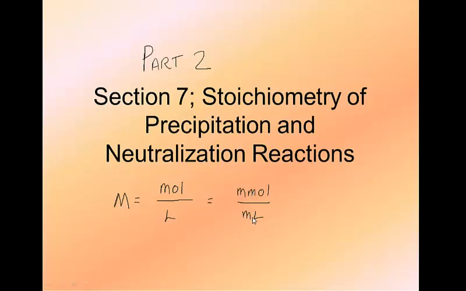And there are 2 advantages to doing it in millimoles per milliliter. Advantage number 1 is that they give you the volume in milliliters. You don't have to convert to liters. Advantage number 2, millimoles per milliliter gives you aesthetically pleasing numbers. Relatively large. You'll be dealing with 2.37 instead of 0.00237.